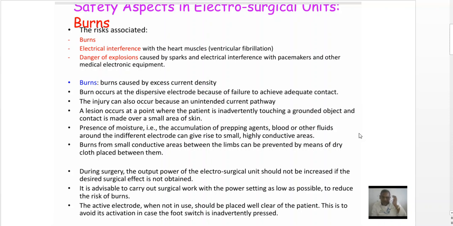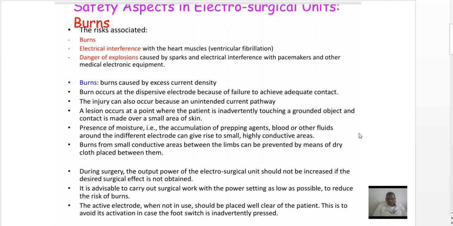During surgery, the output power of the electrosurgical unit should not be increased if the desired surgical effect is not obtained. In many cases, people make this mistake and keep increasing the power, which should not be done.